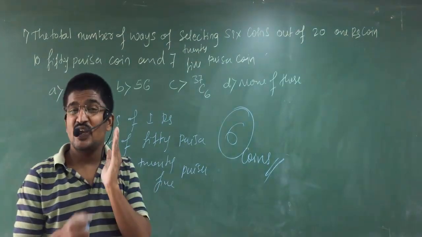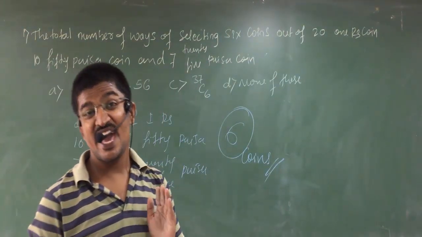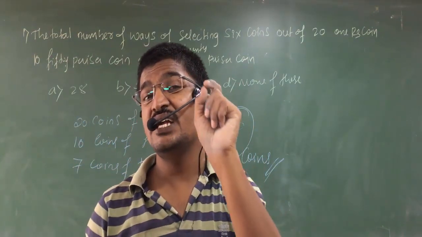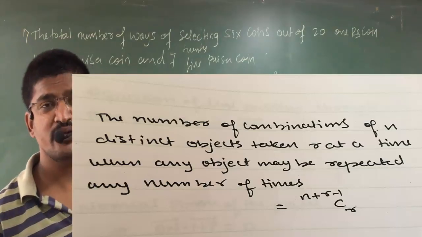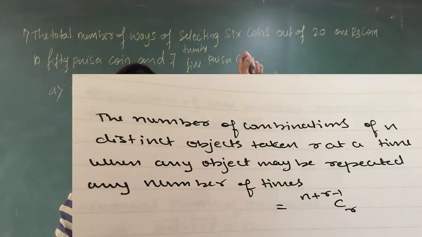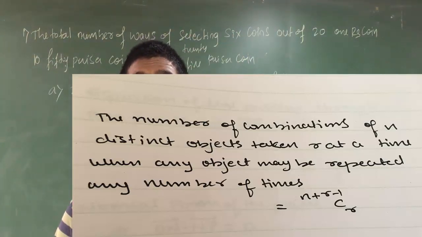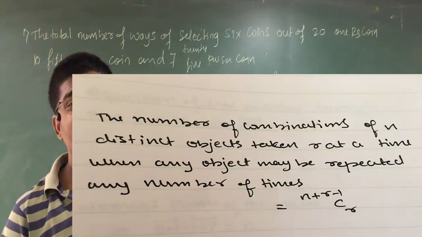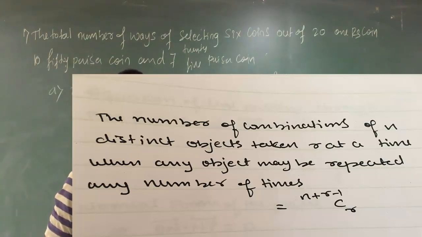So, go through the previous video. There, you have seen that n number of distinct objects. Are you clear? Just go through the previous statement that we have written: from the n number of distinct objects, r number of objects can be taken, and that r can be repeated for any number of times.